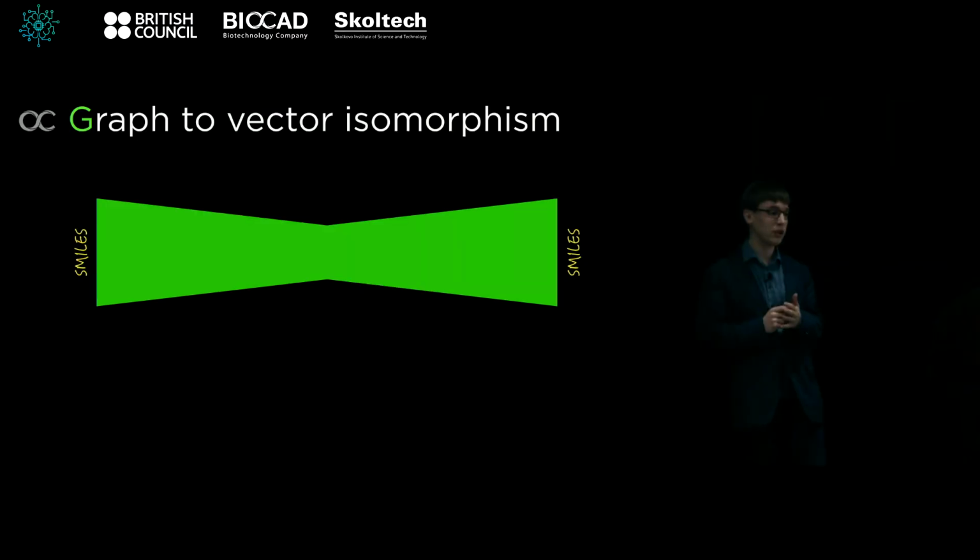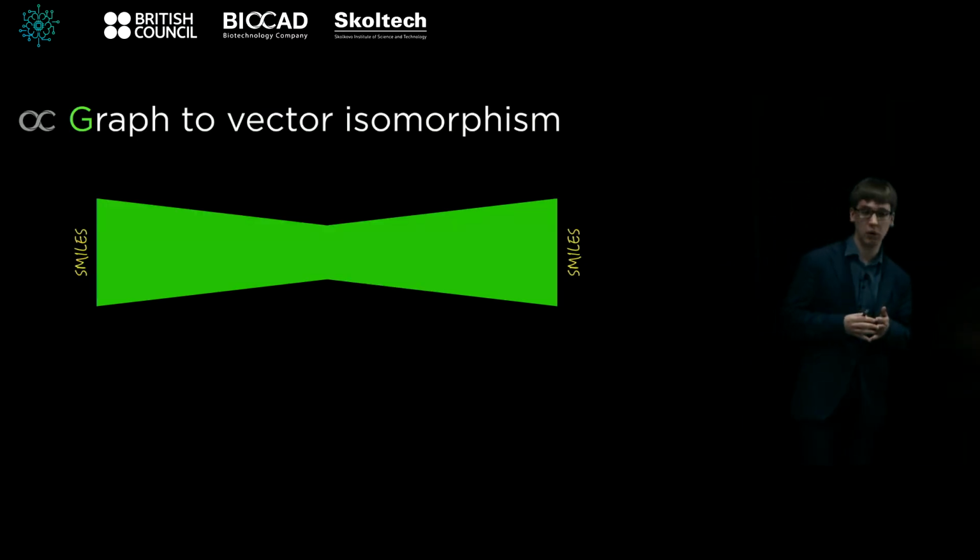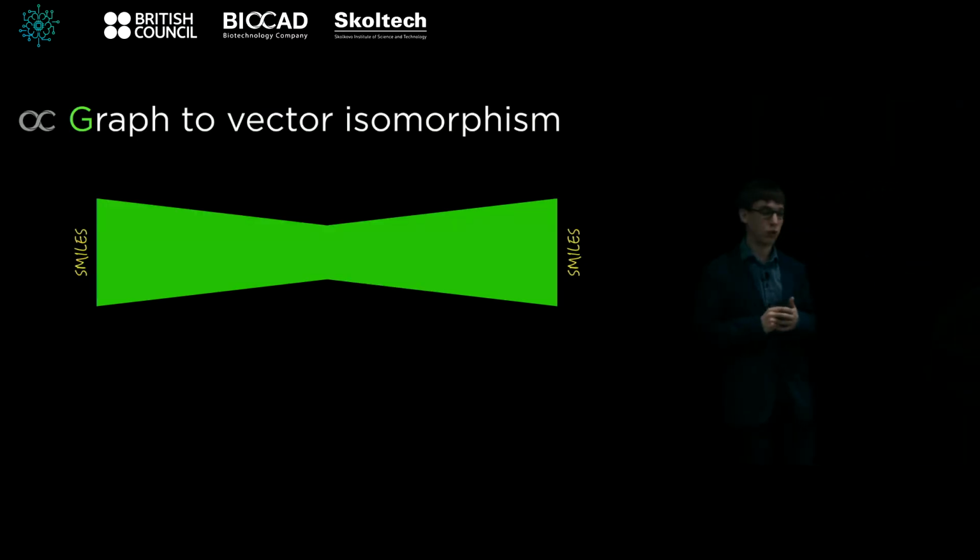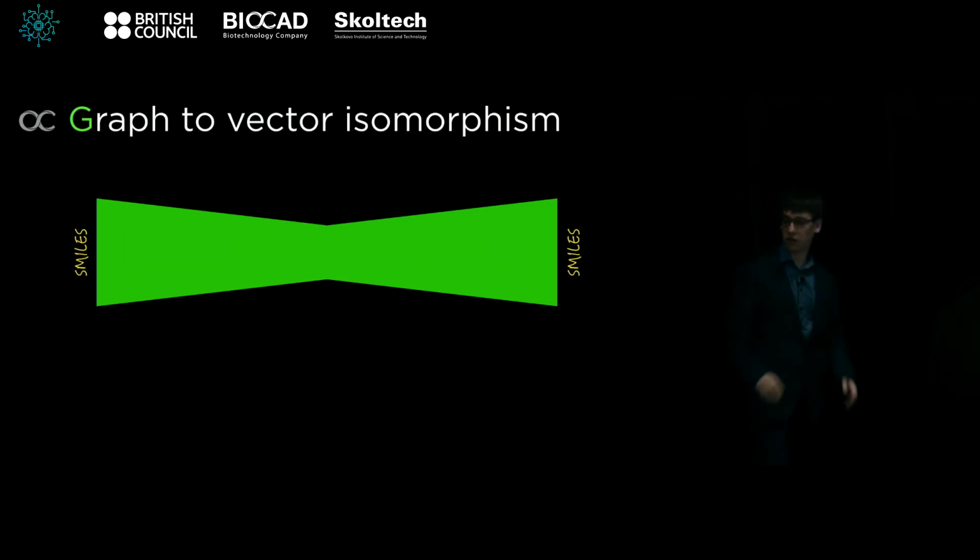So we use a neural network autoencoder to train a model that repeats the SMILES string that we have on the input of our model, and gives us the same SMILES string as the result.